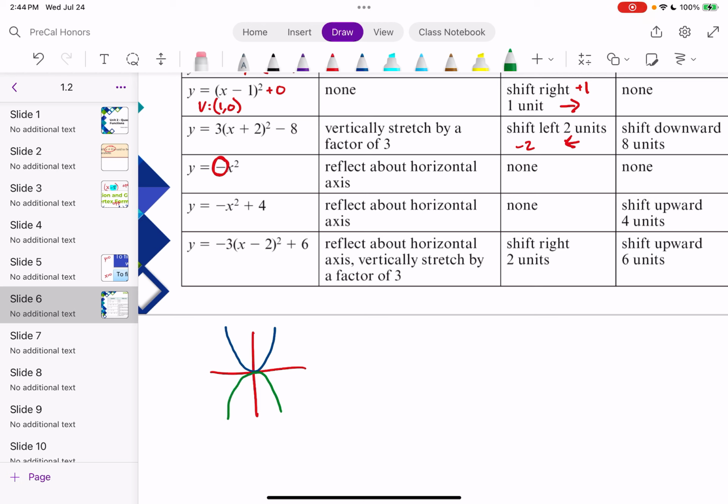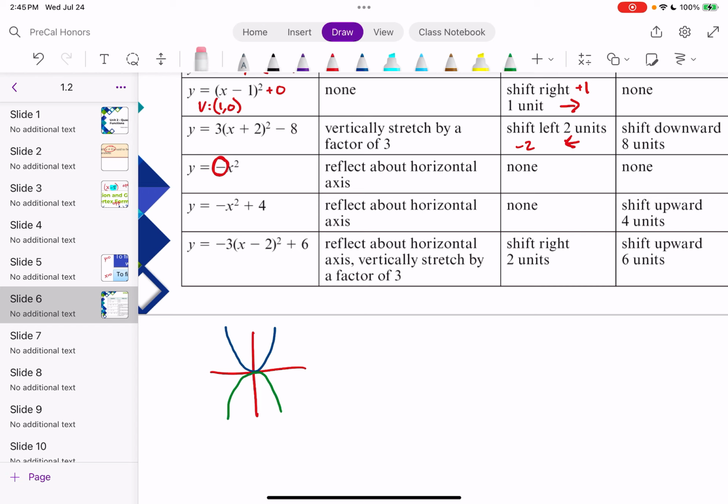When we talk about it facing down in reference to its original position, we're going to say that there is a reflection over the x-axis, or you can say that it reflects horizontally over the x-axis. Notice we do not have an h, it does not move left and right. We do not have a k, it does not move up and down.